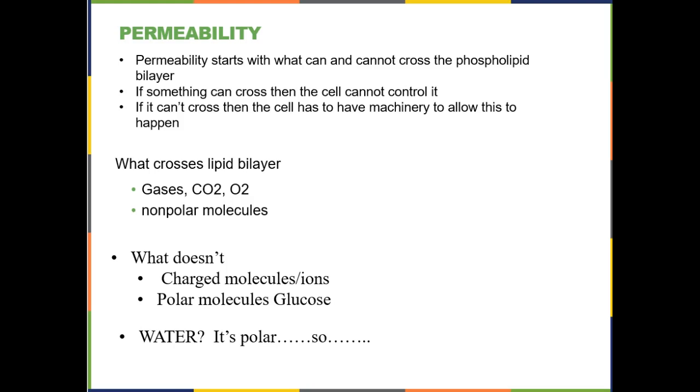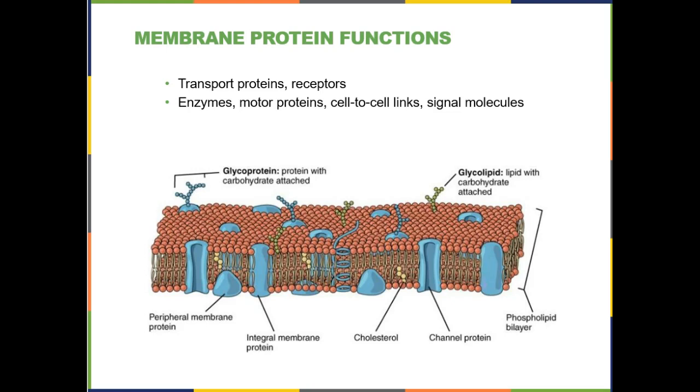We're going to shift gears for a second and talk about the proteins and some of the things that proteins do. As it says up here, there are transport proteins and receptors. So this thing right here that says channel, it's basically a big tube that's stuck in the membrane, and things that can't pass through the phospholipid bilayer, like sodium and potassium, can pass through a channel.